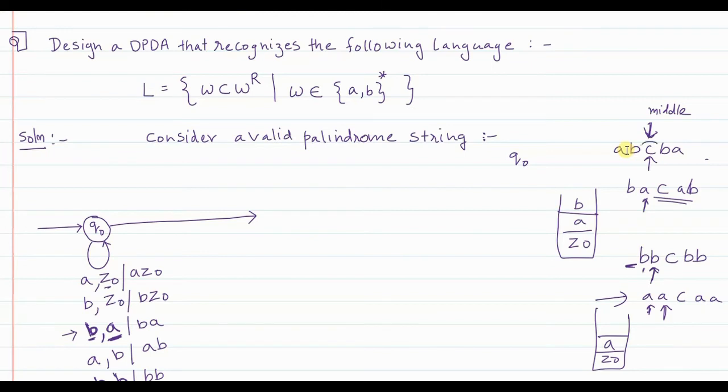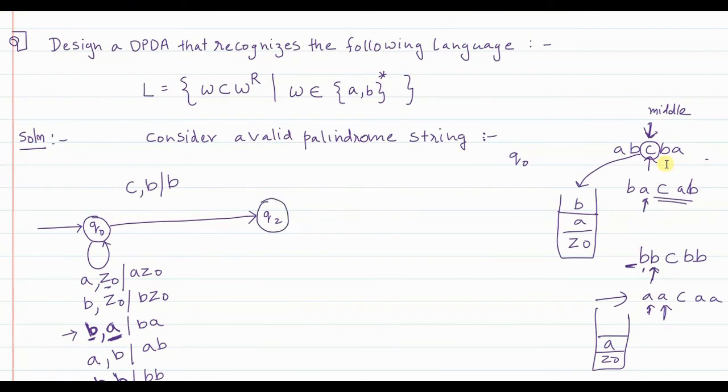So when the middle marker character C is read, at that time suppose stack contains B, then what you do? You perform no change operation onto the stack. So B which was on top, B still remains on top, and just you go from Q0 state to Q1 state, correct? So if middle marker character C is read as current input symbol, at that time suppose B is on top of the stack, then B will remain the topmost element of the stack. Okay, from Q1 you are going to Q2 state. Q2 is a state wherein you are going to compare them.